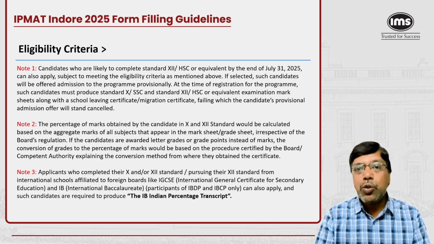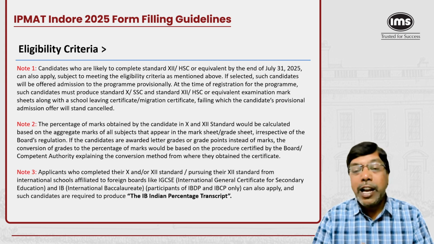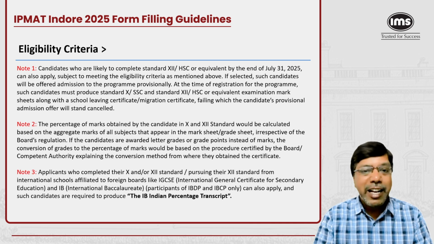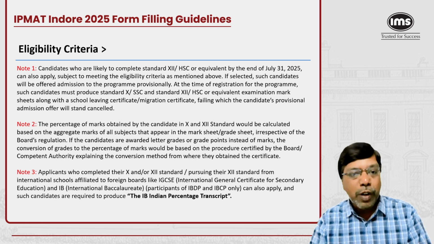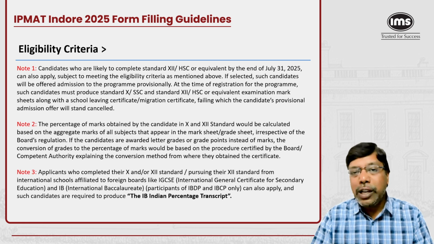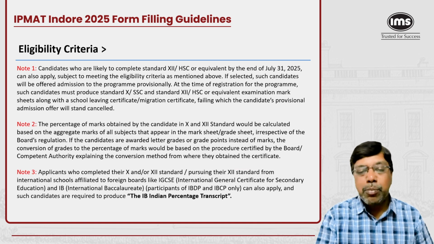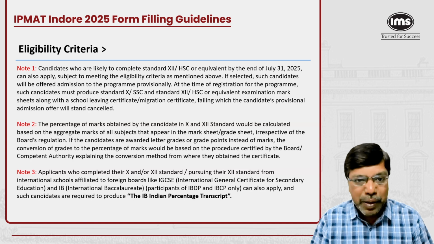In such a case, students who secure the admission into IPM Indore program before 31st of July will be provided a provisional admission. Once the candidates submit the mark sheets of 10th standard and 12th standard along with the school leaving certificate or migration certificate, only then the provisional admission will be confirmed into an admission.